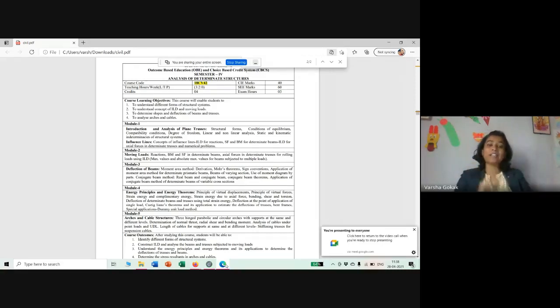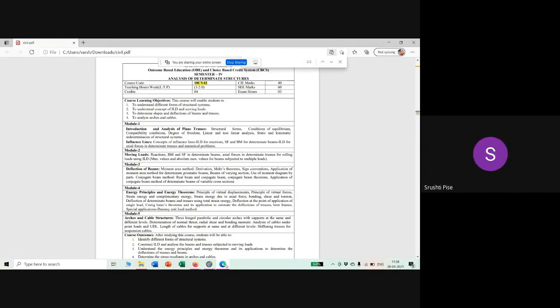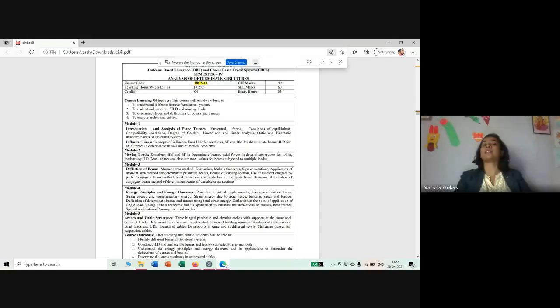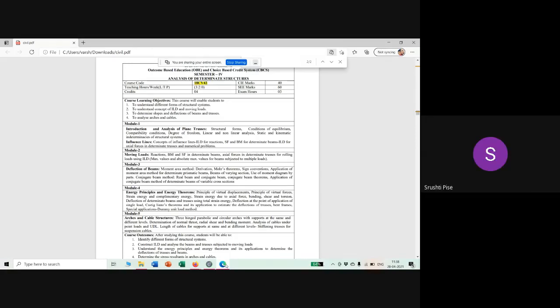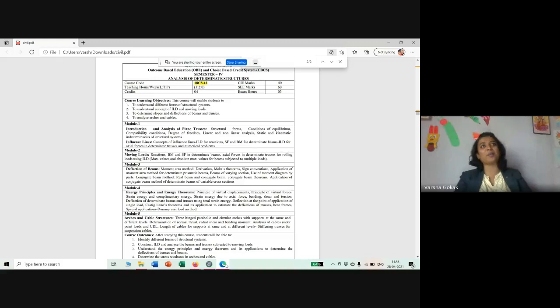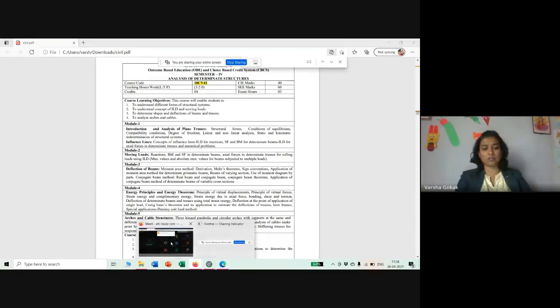When you want to find the reactions, what is your first step? There are three equations we use, right? What are the equations that you use to find the reactions? Summation of fx, summation of fy, and summation of moment equal to zero. Absolutely right. The general procedure, all of you are aware of this, whether diploma or non-diploma students, all of you have written the strength of materials paper.